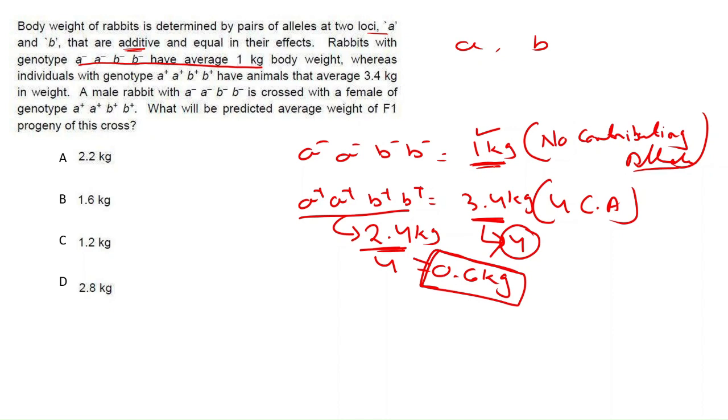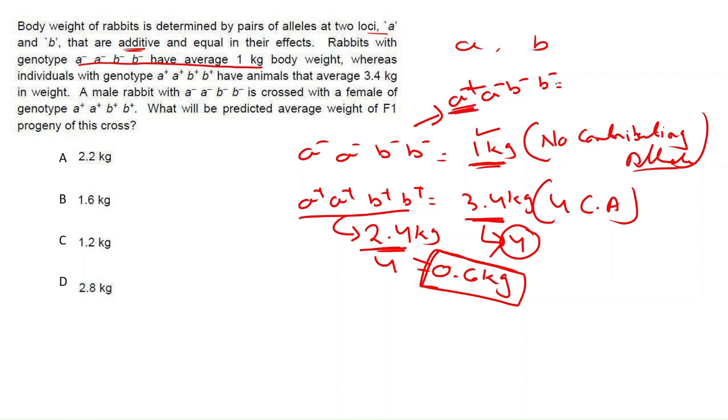So without contribution, the rabbit will be 1 kg. With the contribution of 4 alleles, it becomes 3.4 kg. So each allele contributes only 0.6 kg. This means that if there is a single contributing allele, for example, A plus, A minus, B minus, B minus, there is one contributing allele.